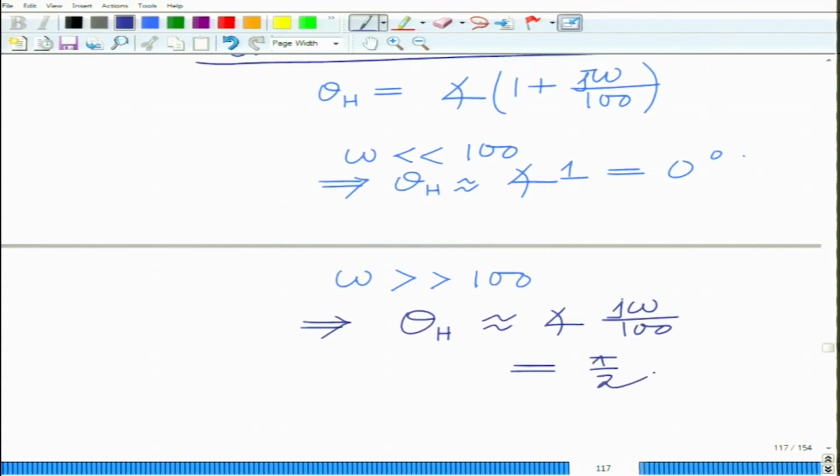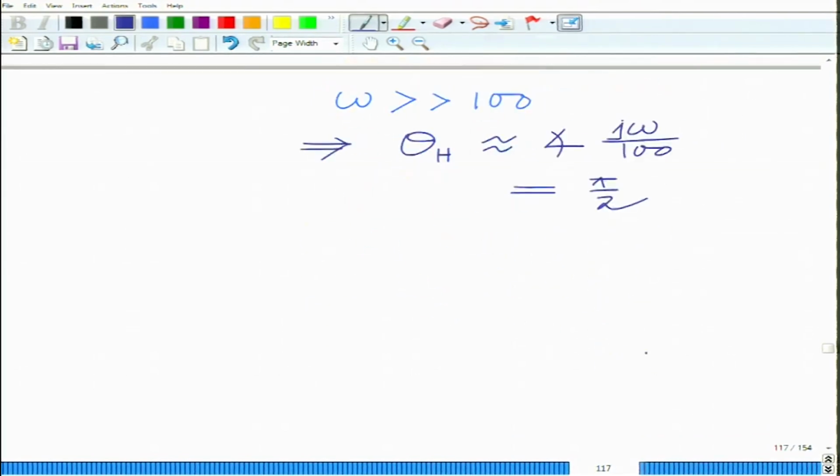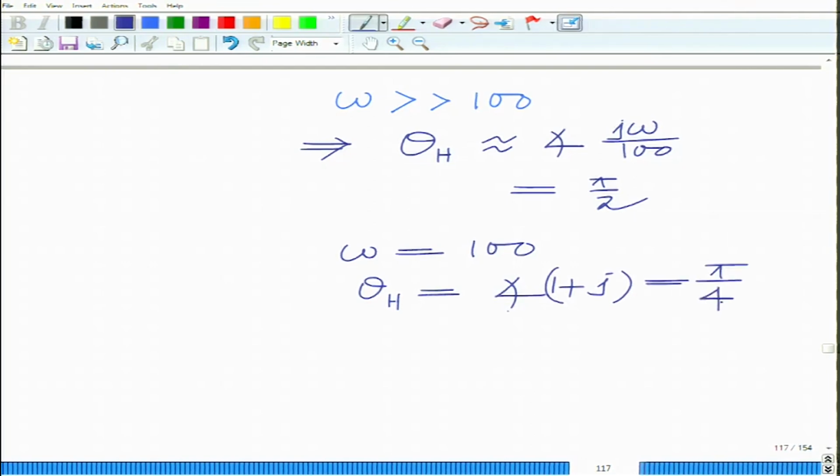So, therefore, angle is pi by 2 for omega much greater than 100. Now, at omega equal to 100, you can see theta H equals angle of 1 plus j, and this is equal to pi by 4.